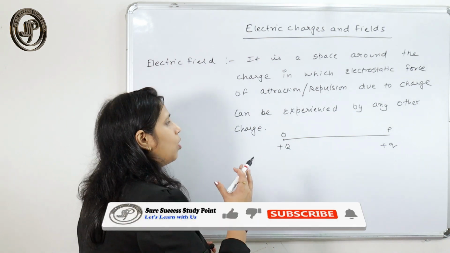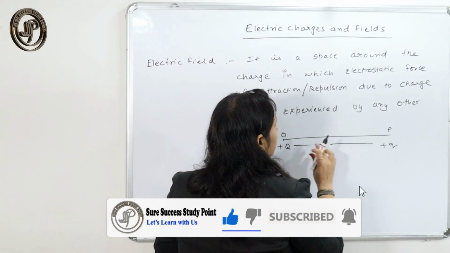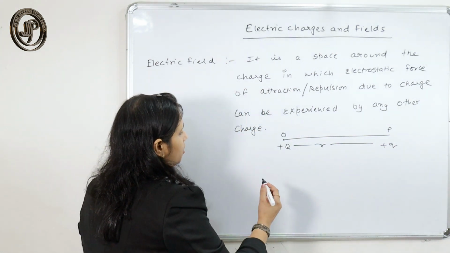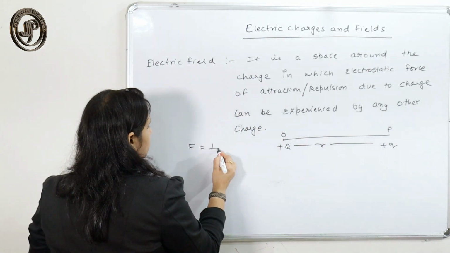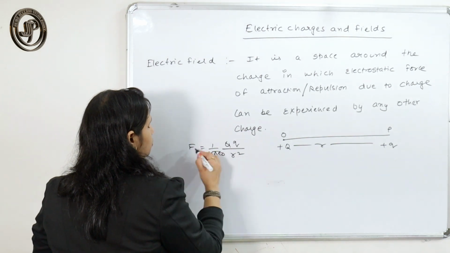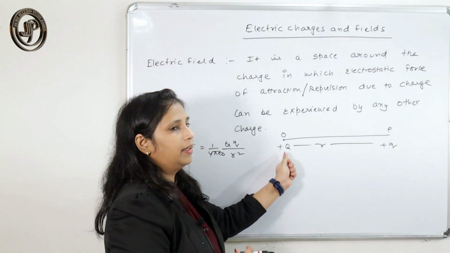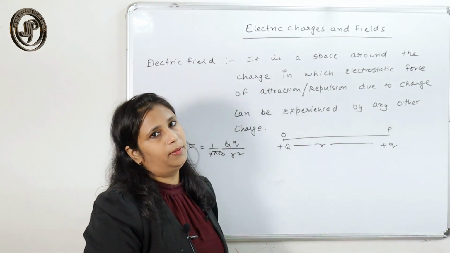As per Coulomb's law, which we have studied, this charge q will exert a force at point P. And what is the magnitude of that force? The magnitude will be 1 by 4 pi epsilon naught q by r square. This is the force exerted by this charge plus q at this point P.